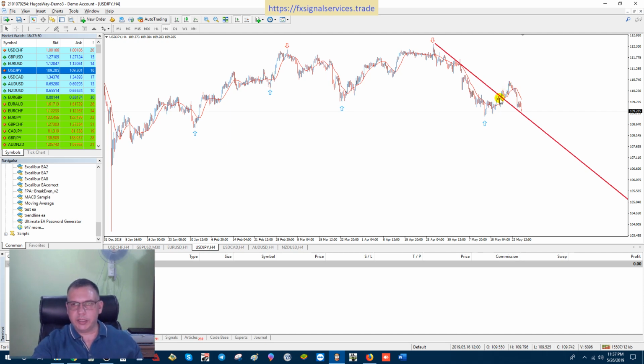So what we can see is that this price broke, but then it bounced off of it again, so it became a support, right? And then it came back down to this support again.